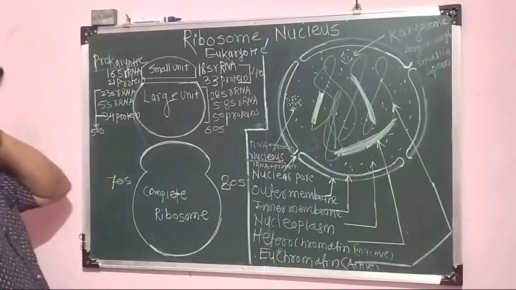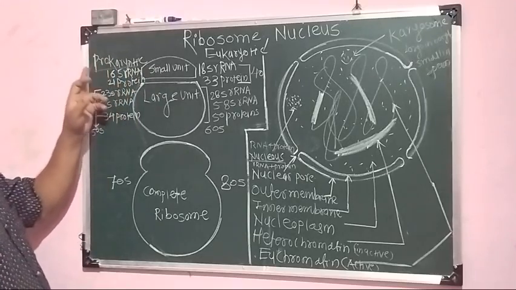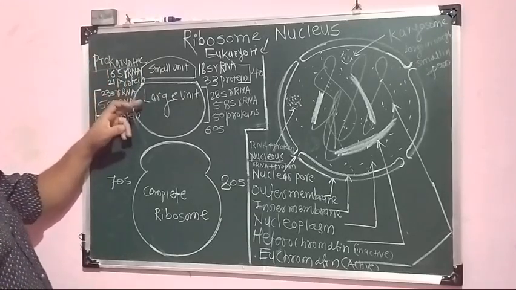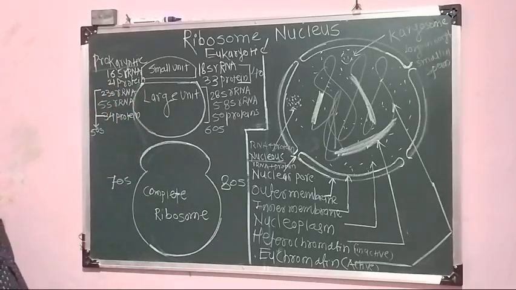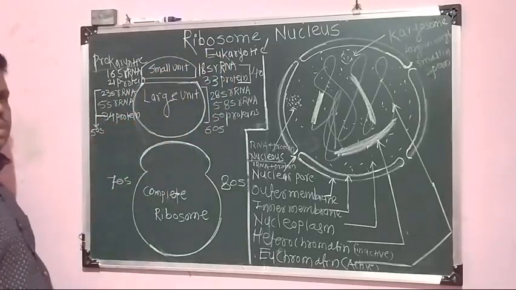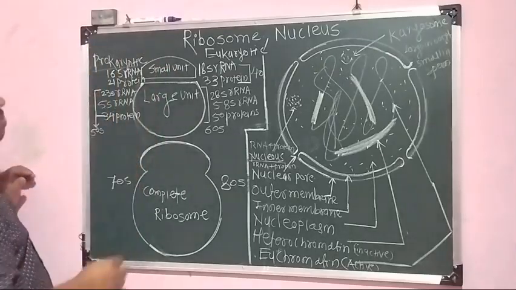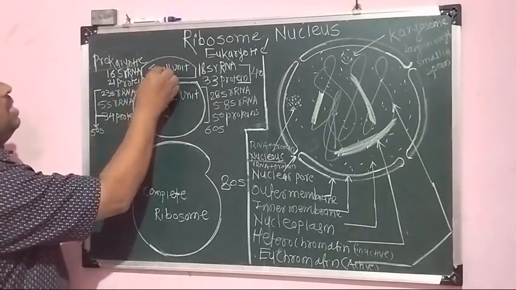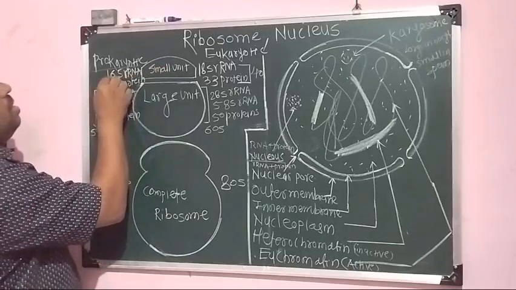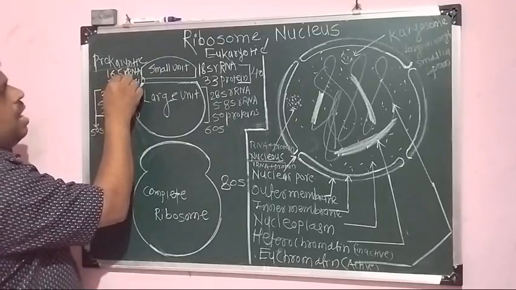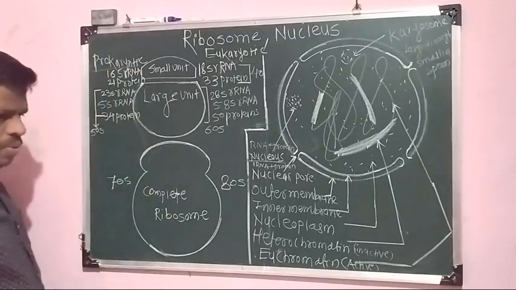Let us see the small unit of the ribosome present in the prokaryotic cell. Then we will see the large unit of ribosome present in the prokaryotic cell. Then we will study the ribosome present in the eukaryotic cell. So this small unit is basically made up of 16S rRNA plus 21 proteins.